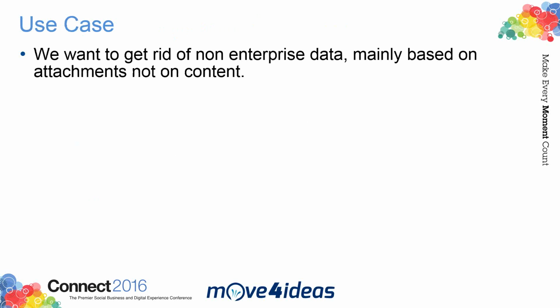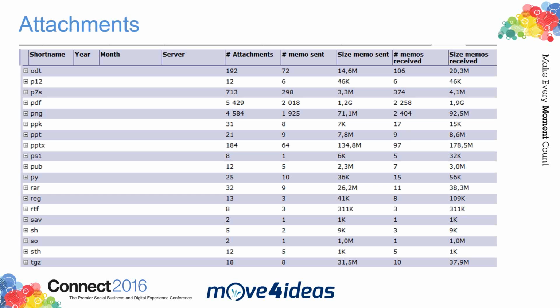So now my use case: I want to get rid of non-enterprise data, mainly based on attachments, not on content. For instance, you will migrate only enterprise data and not private stuff. So you can have information about attachments, extensions. This way you can decide that only some extensions will be supported to be migrated to Verse.